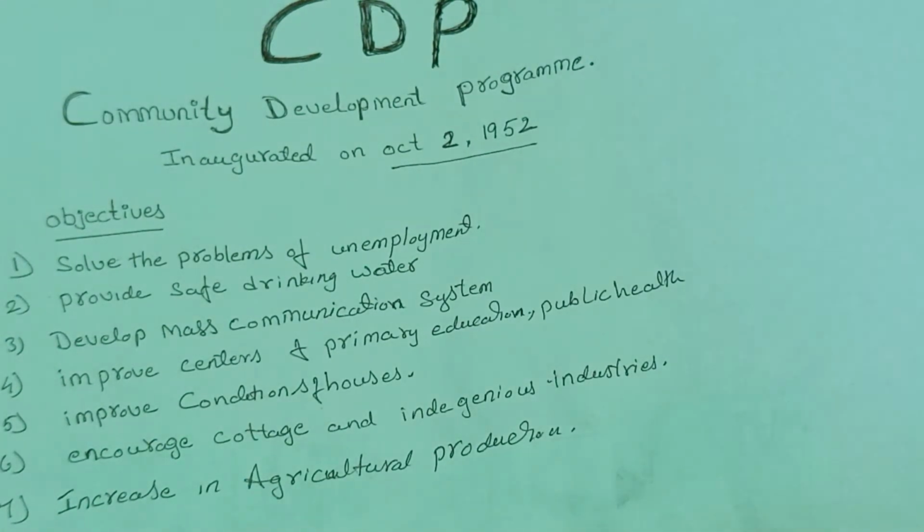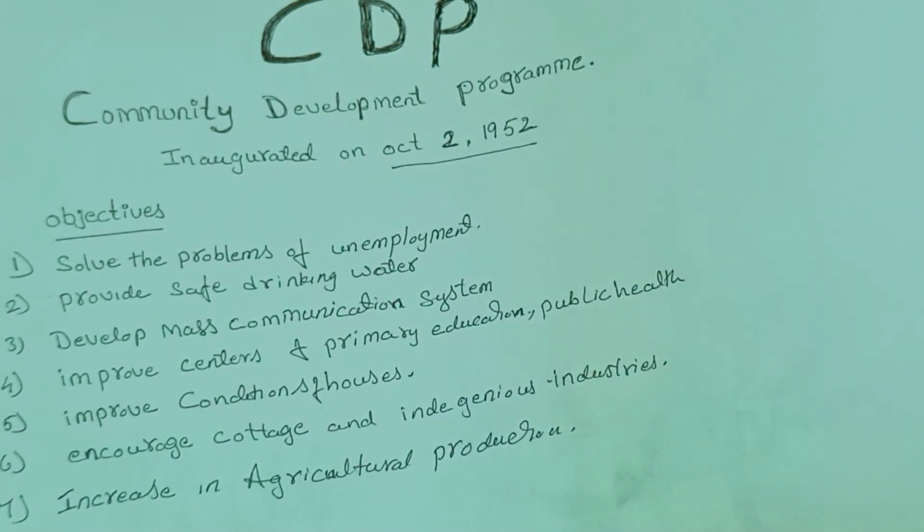You have to remember: the first one is solving the unemployment problem in villages. The next is safe drinking water. The third is developing a mass communication system in the villages. The next is providing centers of primary education, public health and recreation in villages.